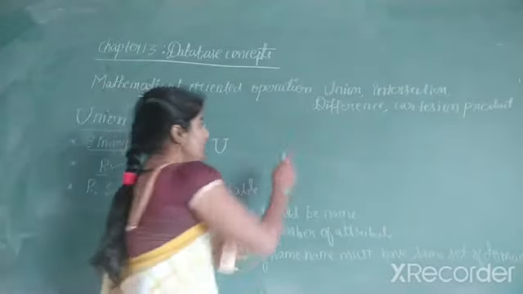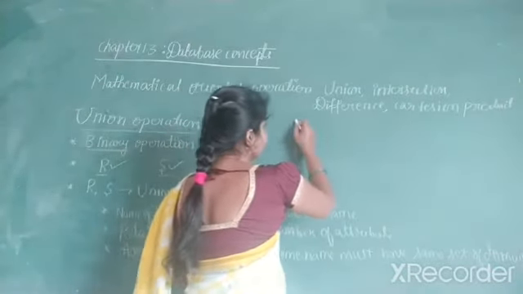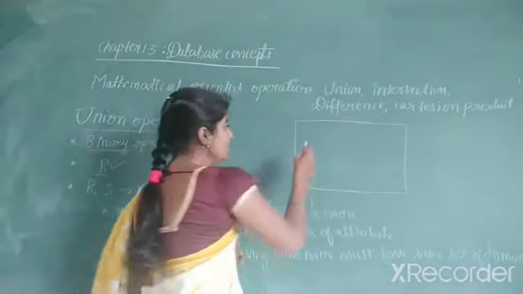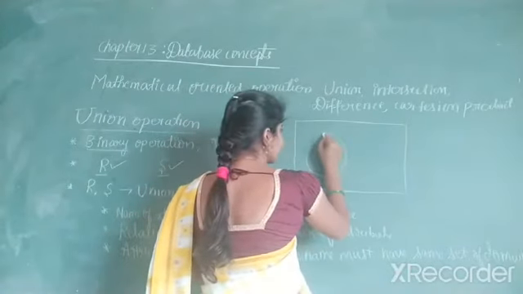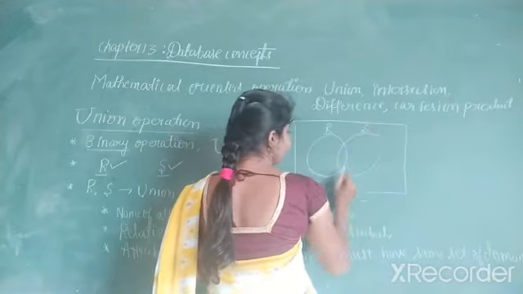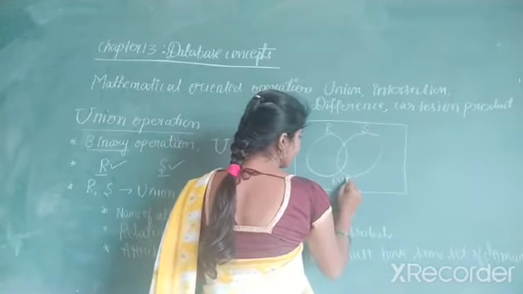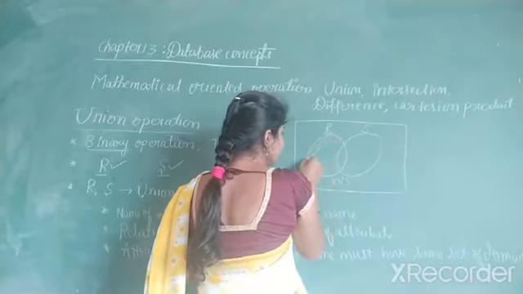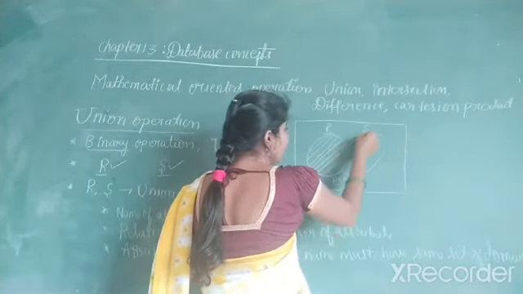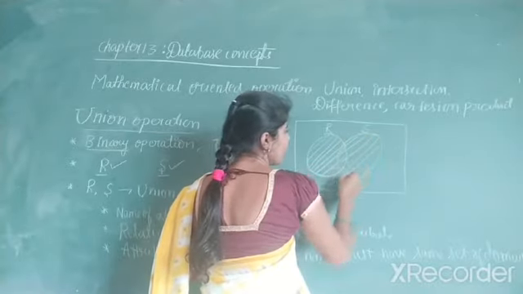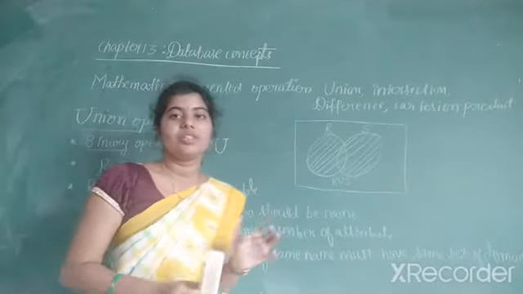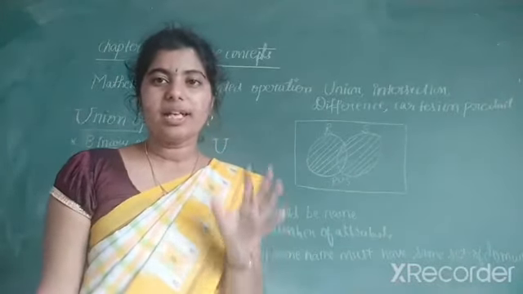And the Venn diagram for representing the union operation is, so consider this is relation R and this is relation S, and if you want to represent R union S, it must include the tuples or the records present in relation R and also the tuples present in relation S. So this diagram indicates the Venn diagram for union operation.